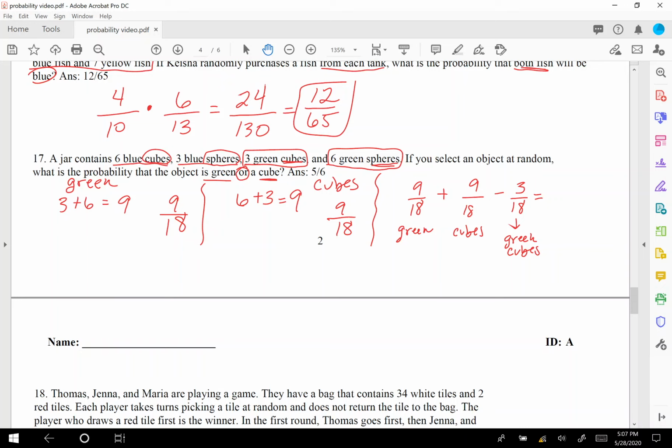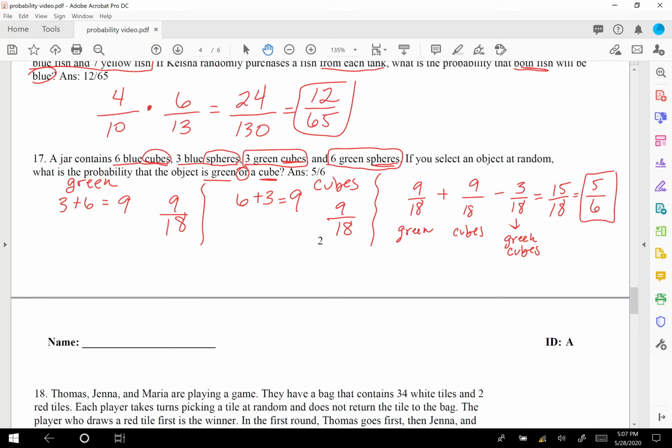But minus 3, that's 15 out of the 18. And then you can divide both of those by 3, so it's 5 out of 6. So you have a 5/6 chance of getting an item that is either green or a cube.